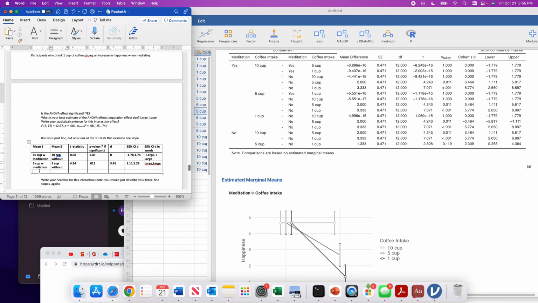Now we got 1 cup with meditation and 1 cup without. That T statistic, yes, so we're down here. Yes with 1 cup, yes with 1 cup, no 5 cup. Yes with 1 cup, no 1 cup. That's the one I want right there. That T is 7.07.